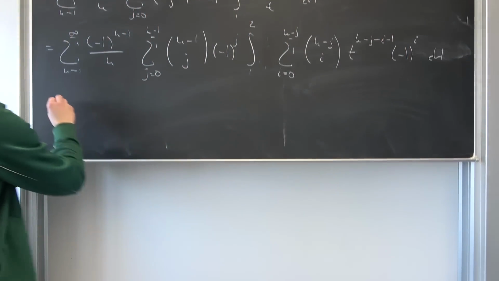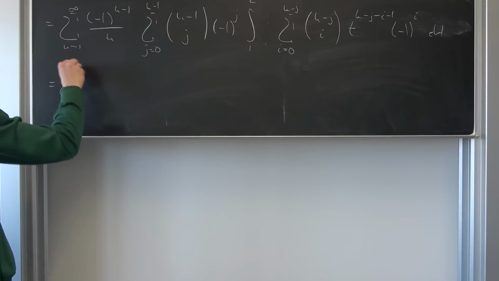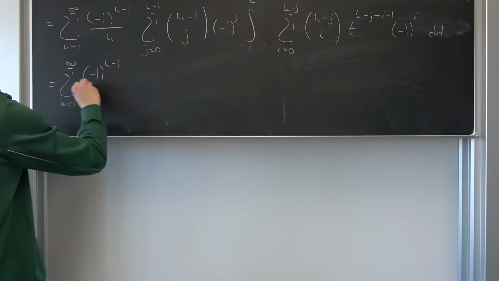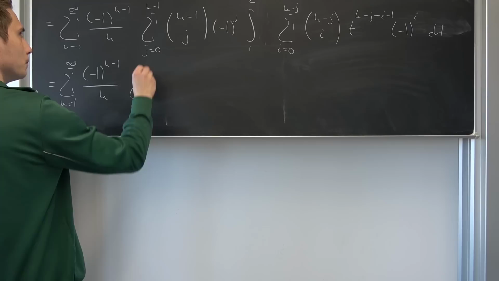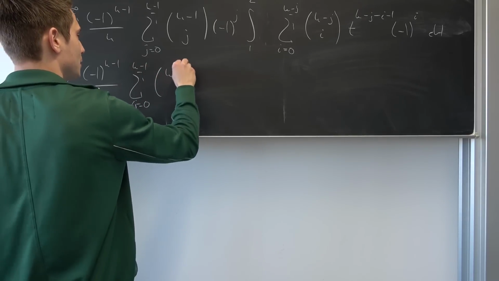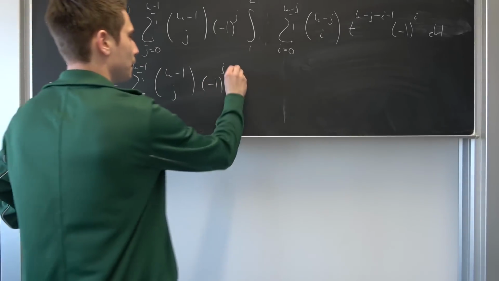Okay, we can bring stuff to the outside once again, so we are going to end up with k equals 1 to infinity, (-1) to the k minus 1 power over k. Sum running from j equals 0 to k minus 1, k minus 1 choose j, (-1) to the j power.